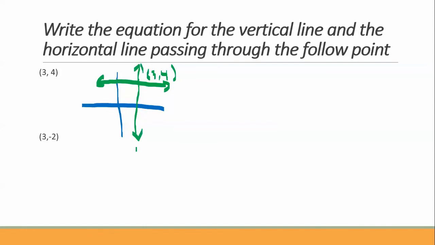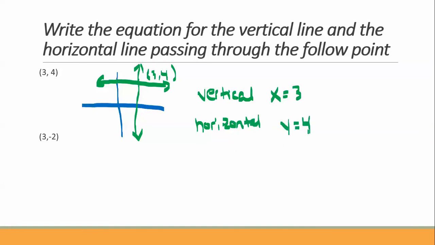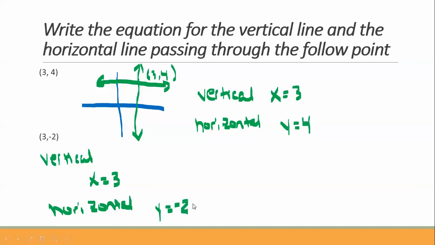So the vertical line is when the x values are all equal to 3. And the horizontal is here, and that means the y values are equal to -2. So for this one, the vertical line, x = 3, and the horizontal, y = -2. That's it for today.